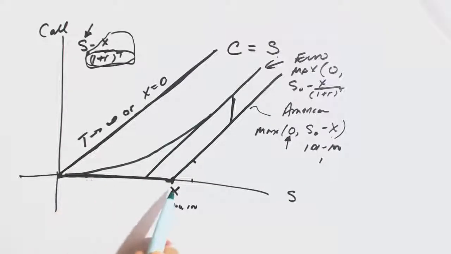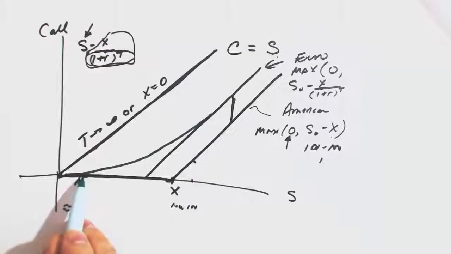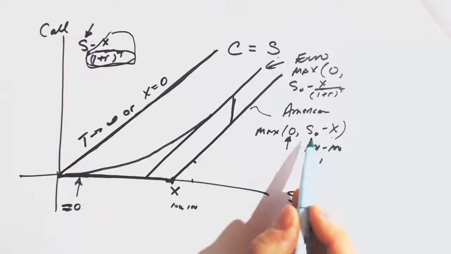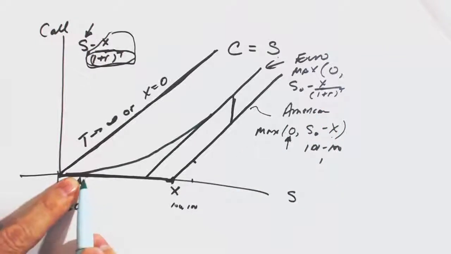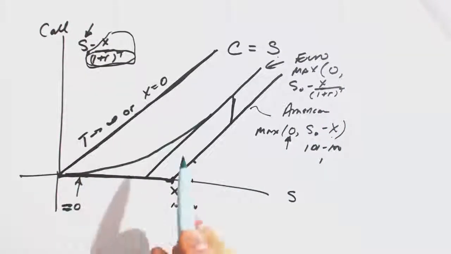Okay? So when a call option is deep out of the money, the intrinsic value is near zero. The option itself is worth almost nothing. I should say the intrinsic value is zero, because there's no intrinsic value at this point.